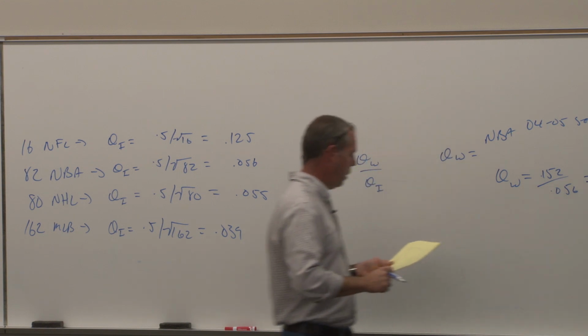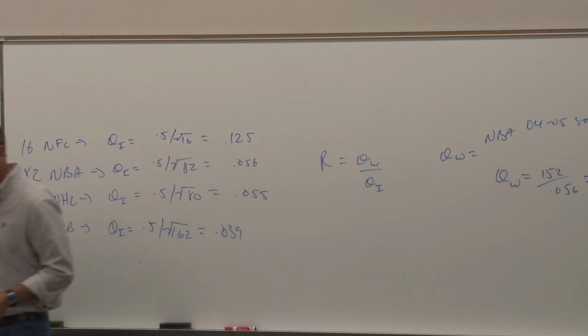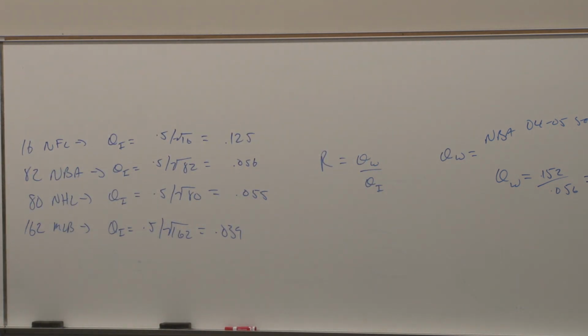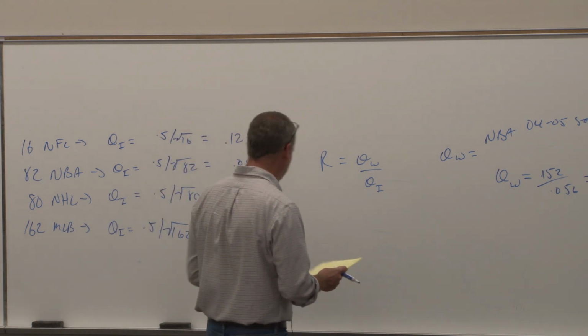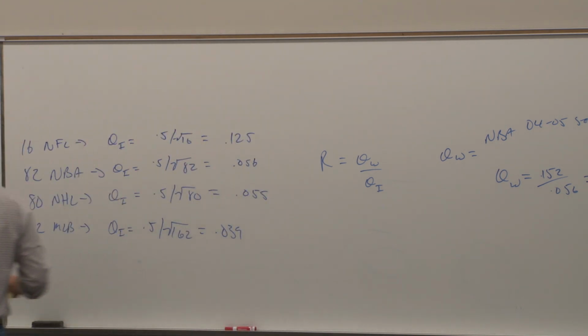That gives us basically a ratio here of around 2.71. So we can use this to say, okay, if here's our idealized amount, how far away are we from it actually?